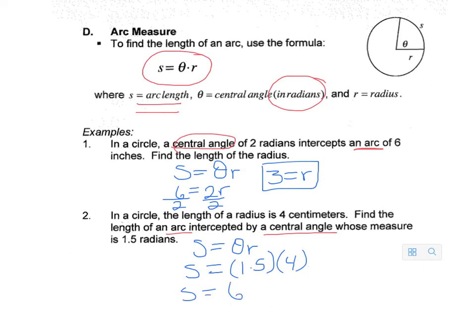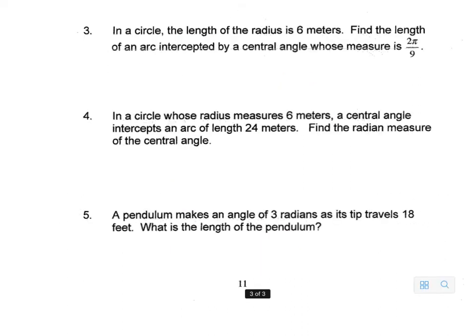Okay, let's do a couple more examples. Number 3, in a circle, the length of the radius is 6 meters. Find the length of the arc intercepted by the central angle whose measure is 2 pi over 9. Well, we know that's definitely radians, even though they didn't say radians, because it's got pi in it. All right, so S equals theta times r.